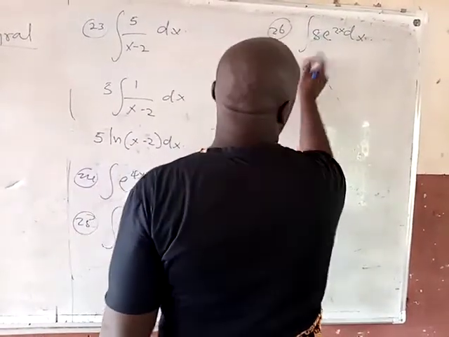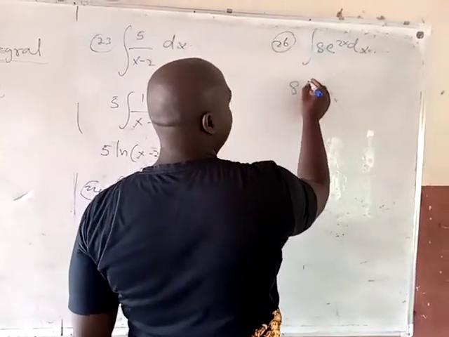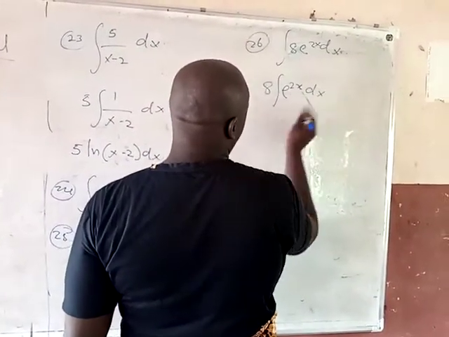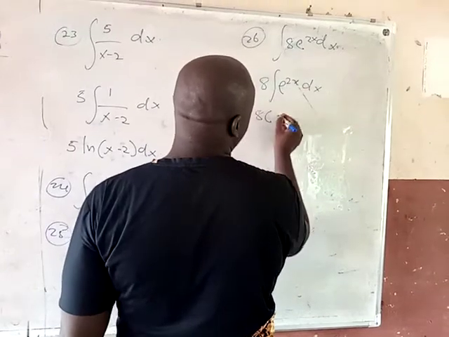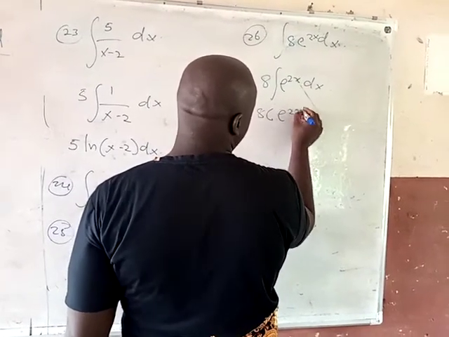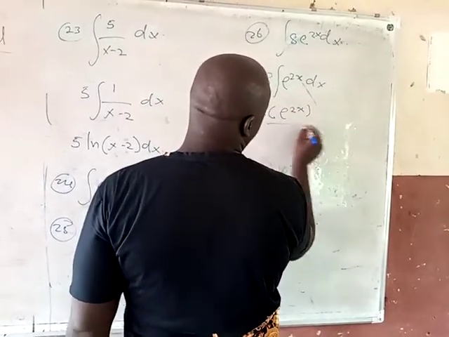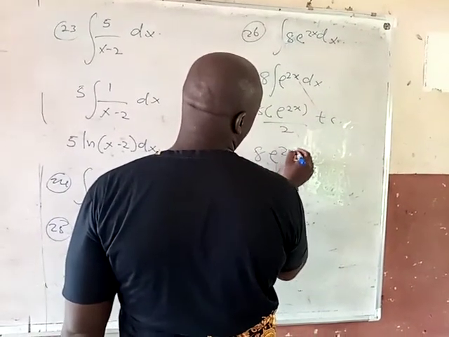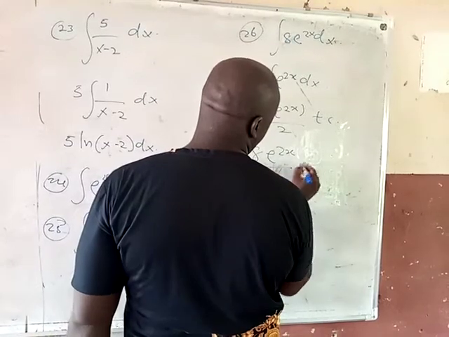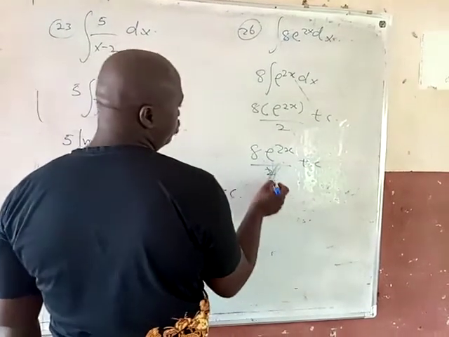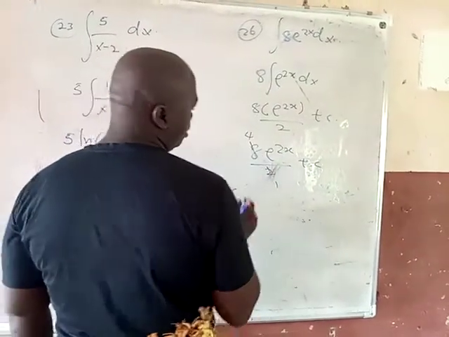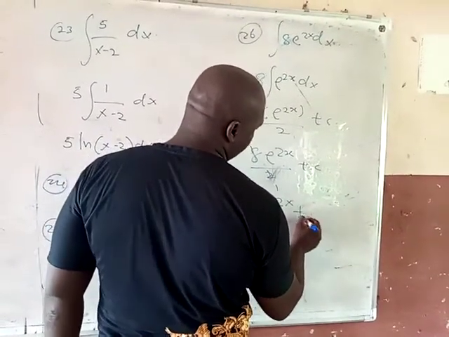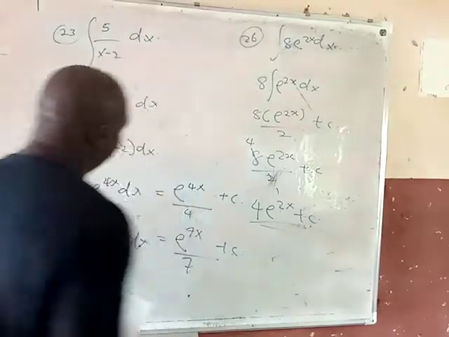So you bring this outside, this will give you 8 times the integral of e to the 2x dx. And you know that this will give you the same thing, e to the 2x, and you divide everything by 2 plus c. So this will give you 8e to the 2x divided by 2 plus c. But 2 goes into 8, this will give you 4. So you have 4e to the 2x plus c. And that is the answer.